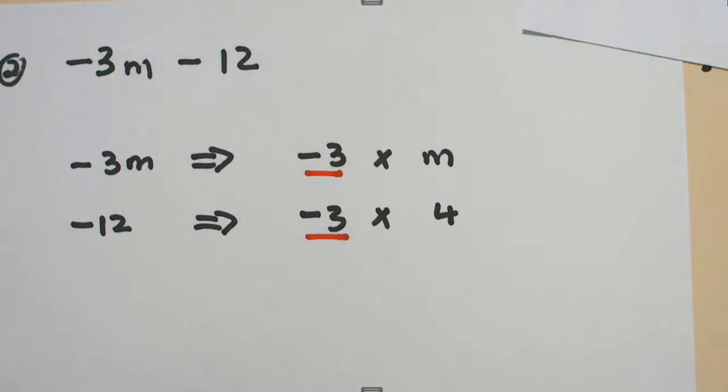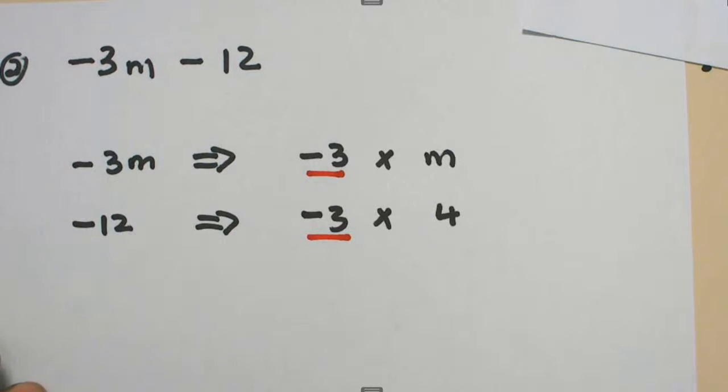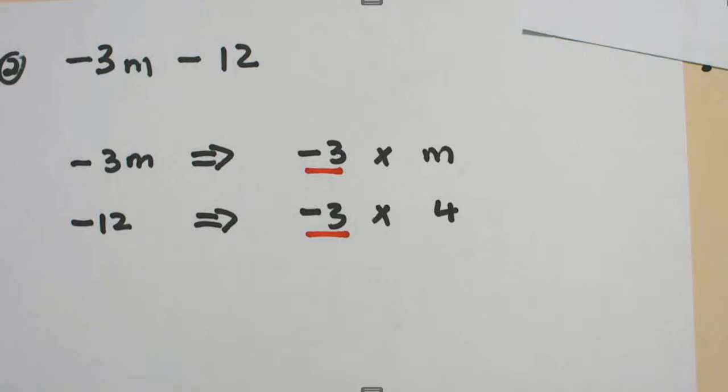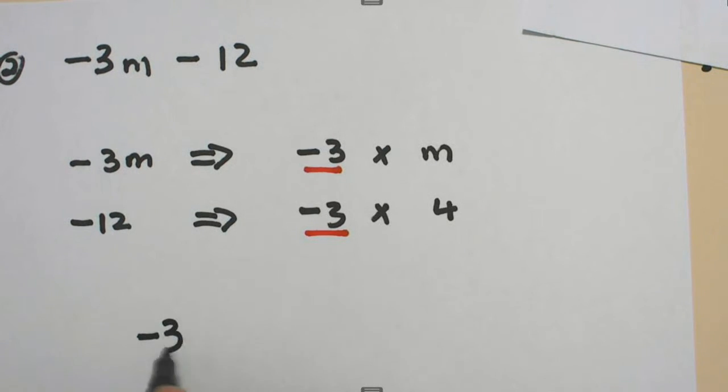Hence, we call it a common factor, taking out a common factor. And number 2, after finding that, you must write the highest common factor, which is negative 3, in front of the bracket.